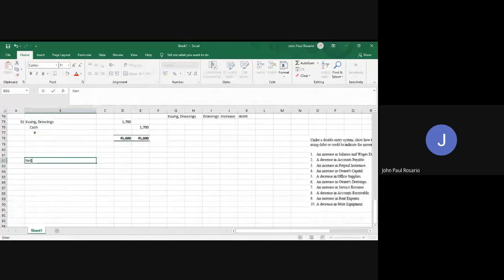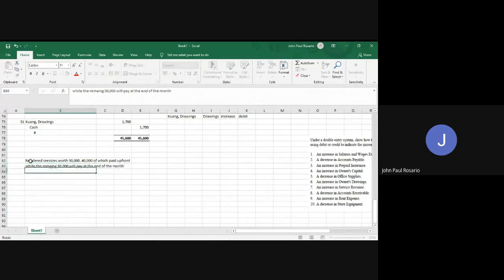So, for example, rendered services worth 90,000. 40,000 of which was paid upfront, while the remaining 50,000 will be paid at the end of the month.